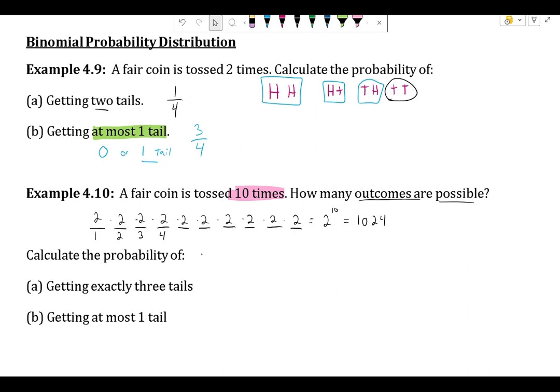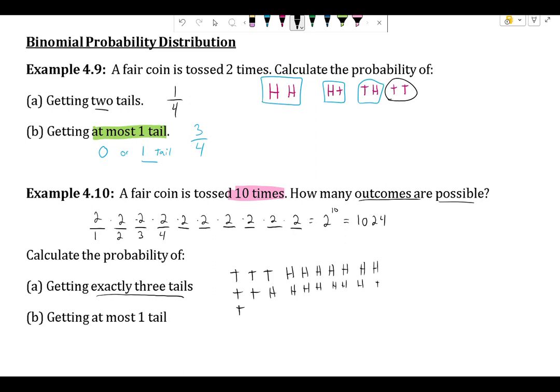So if we wanted to find the probability of getting exactly 3 tails, well, we'd have to figure out how many times I could rearrange 3 T's with 7 H's. Well, that could be one way, or I could do tails, tails, heads, heads, heads, heads, heads, heads, tails.